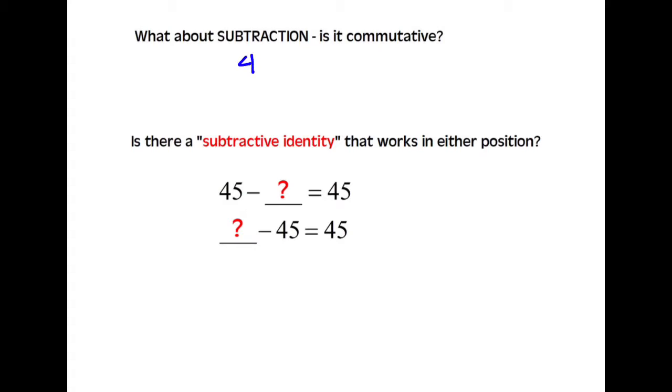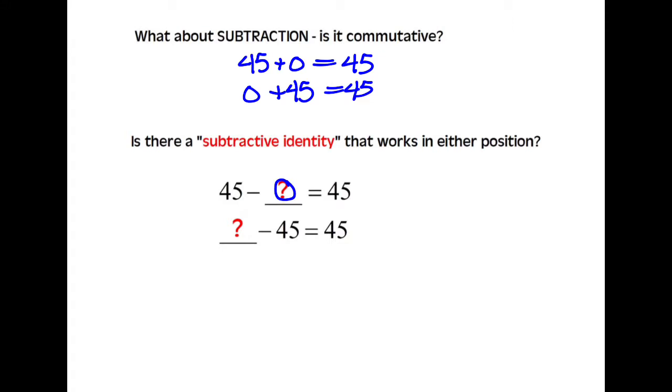We had 45 add 0 was 45, and we had 0 add 45 was 45, right? The 0 could be first or second, it didn't matter. So is there a number we can put here so that 45 minus something equals 45? Sure, it could be 0.